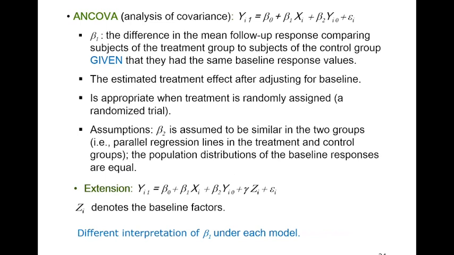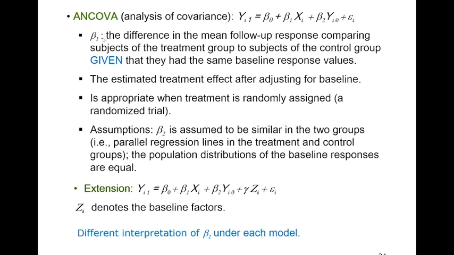Another approach is called ANCOVA, sometimes called analysis of covariance. In the regression model setting, you're using the follow-up as the response variable, with the treatment indicator, and the baseline value of the response variable included as a covariate. This model takes care of the baseline by including it as a covariate, and then you run the regression model.